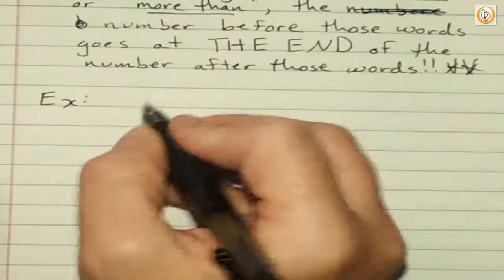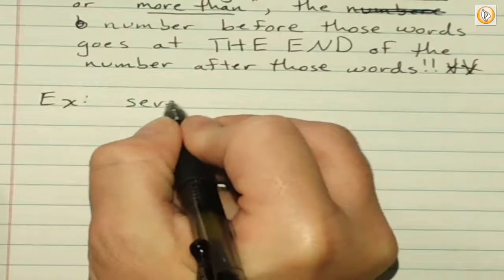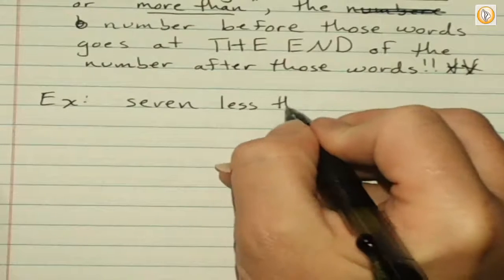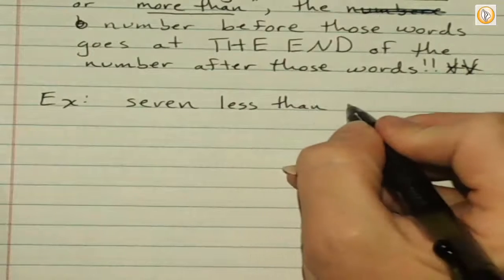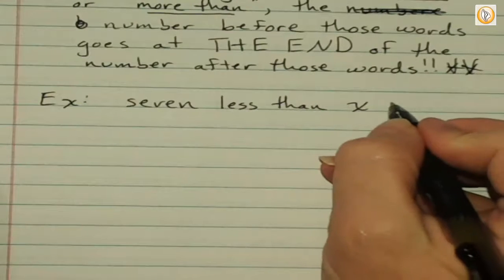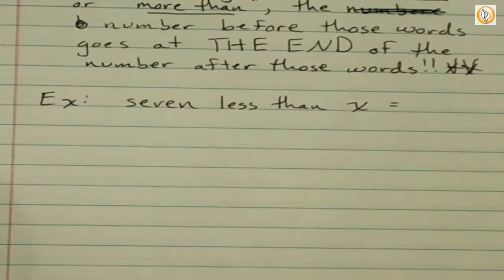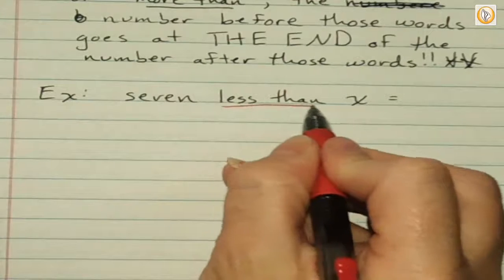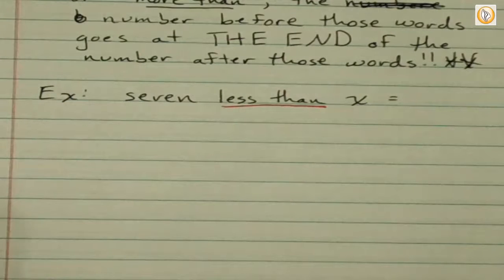All right. Let's say it says 7 less than X. Seven less than X. Now, hold on. What are the red flag words, Tanner? Less than. This is the red flag word.